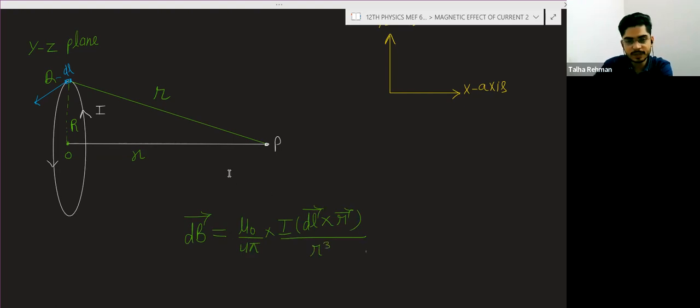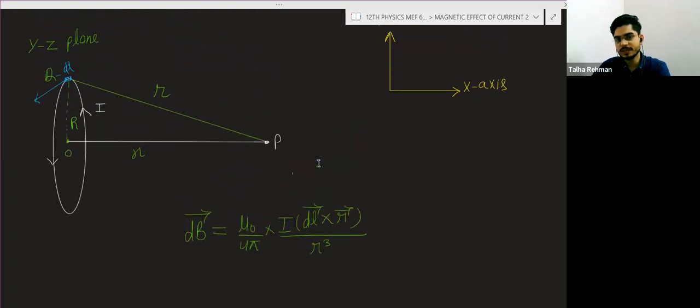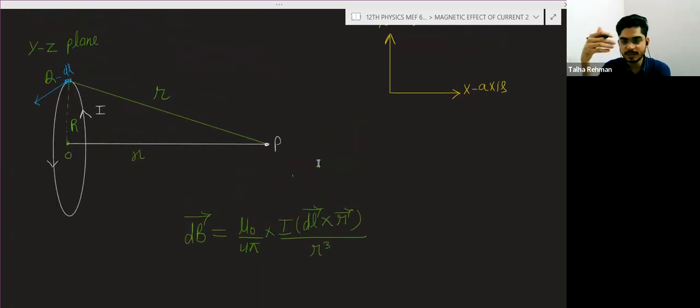Why have I written it in vector form? Because I want the direction of the magnetic field at this point first. In this derivation, finding the direction is complicated for the student, while applying the formula and integration is comparatively easy.